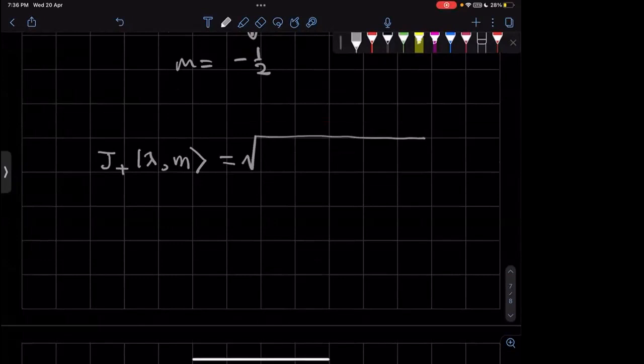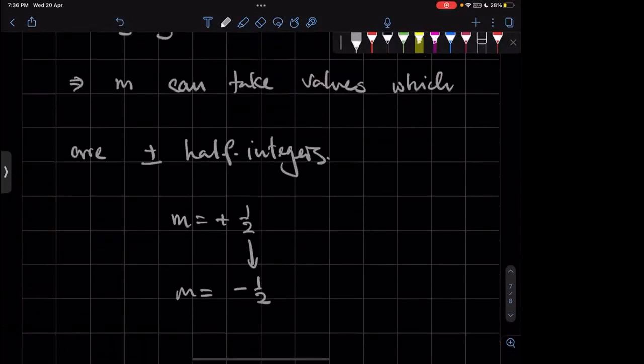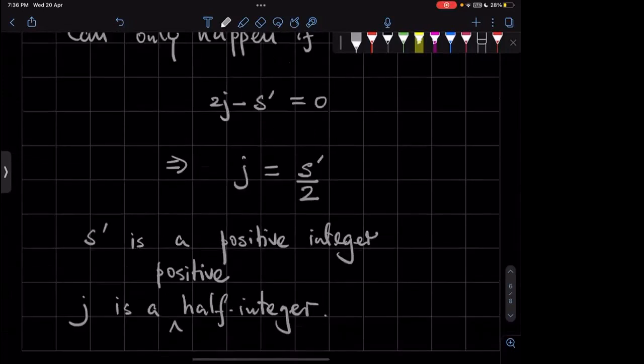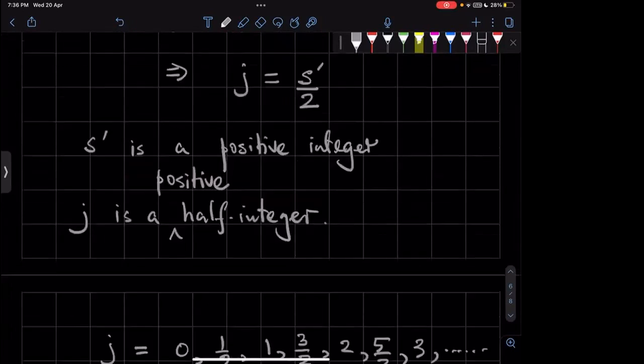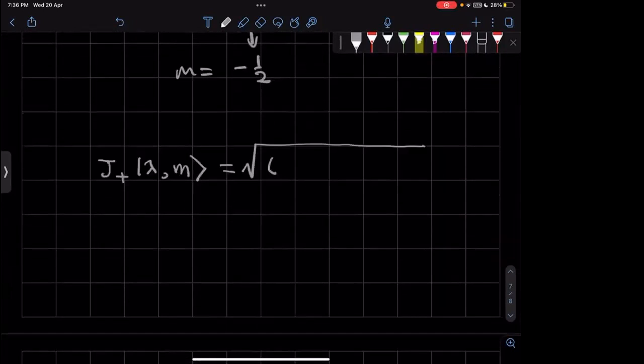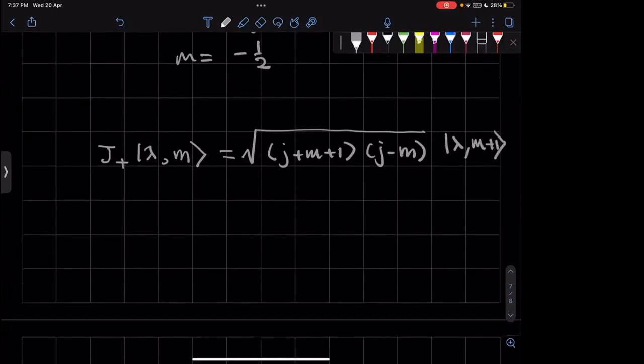You basically get, using this expression over here, you get j plus m plus 1, j minus m times lambda m plus 1. This is one of the equations you get.